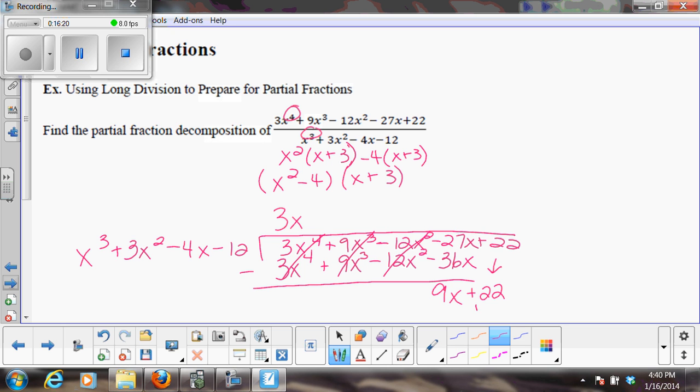So this is a remainder. Okay, so this actually equals the whole part over the bottom. This we don't touch right there. We're not going to touch that. But this is actually what we're going to do the decomposition on.